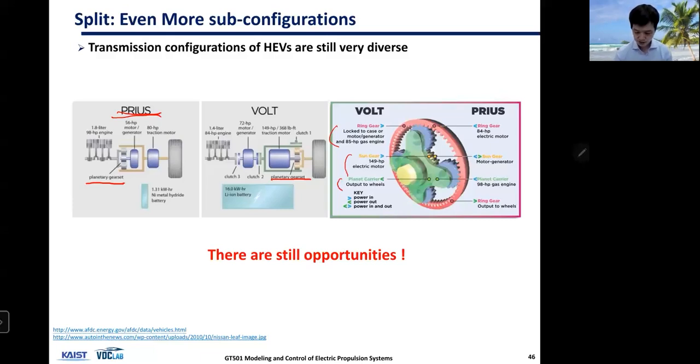In the case of Prius, ring gear is connected with traction motor, main traction motor, and sun gear with generator, and carrier with engine. And ring gear is also connected with output wheels. So they have different connections, and that leads to different characteristics and operations and performance.